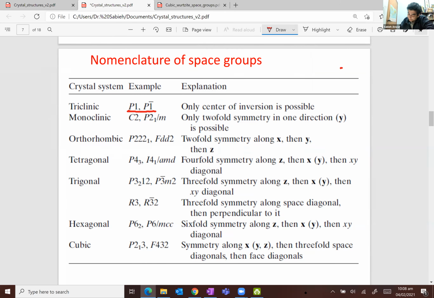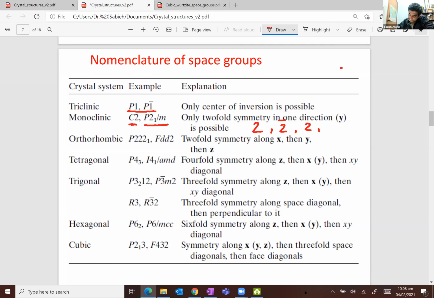Examples are given here: C2, P2 sub 1 slash m. The characteristic of a monoclinic crystal system is that there is only one two-fold symmetry operation, a 2 axis or a 2 bar axis or a 2 sub 1 axis.